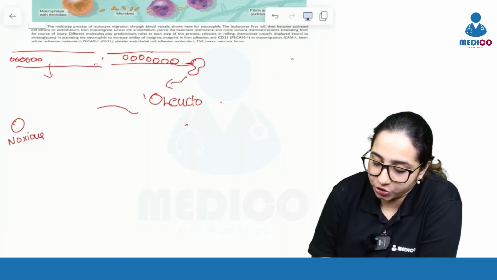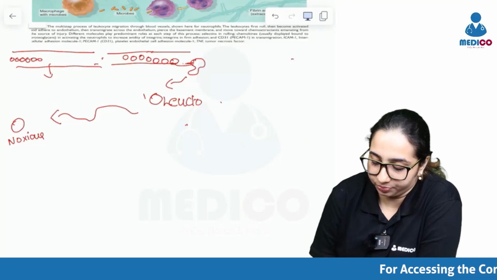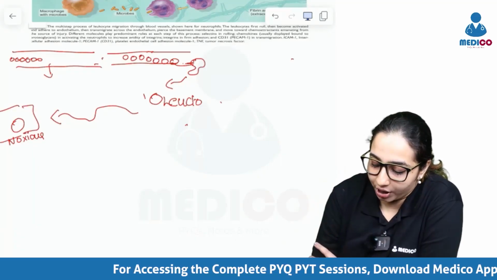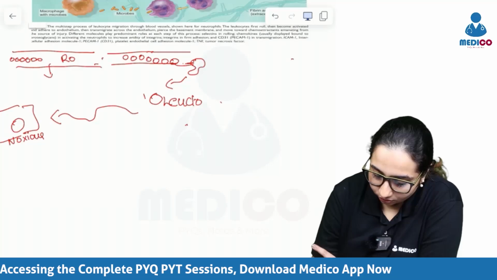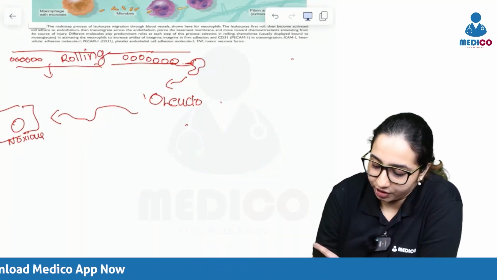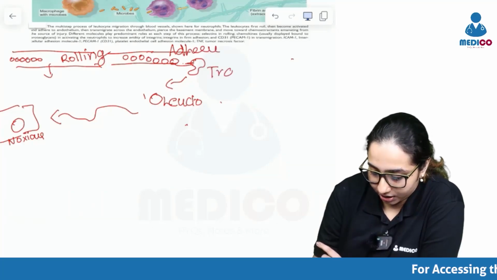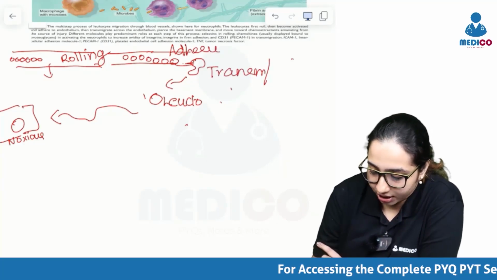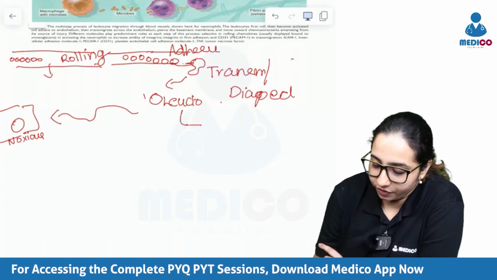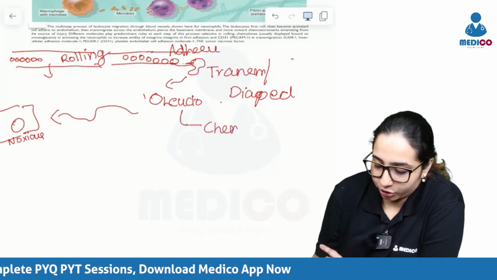Then the leukocyte moves to the noxious stimuli and takes care of it. So here you have rolling, then adhesion, then transmigration or diapedesis, and chemotaxis.